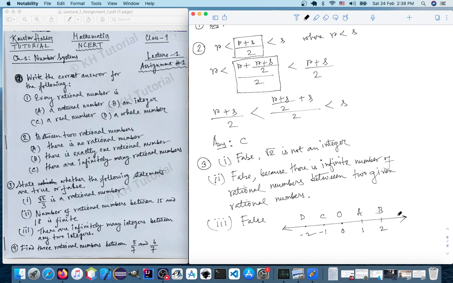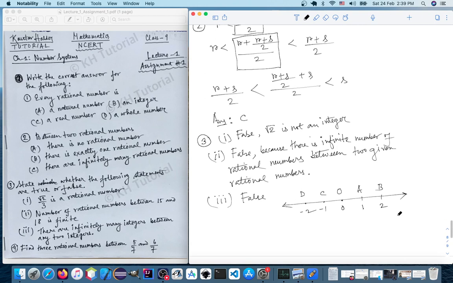There is a finite number of integers between any two integers, and if those two integers are subsequent integers like 1 and 2, or -2 and 1, or 0 and 1, then between them there is no other integer. I hope it is clear.